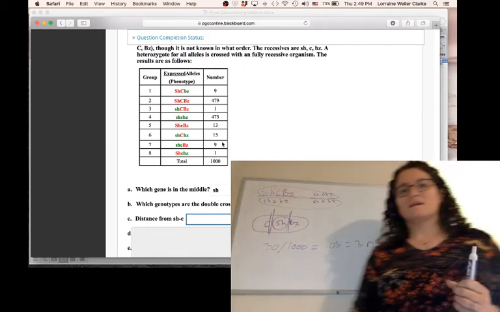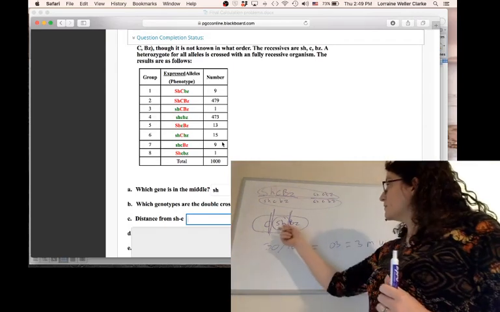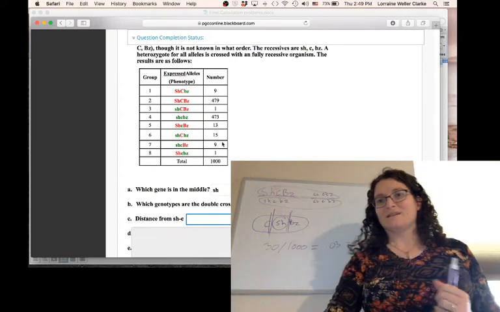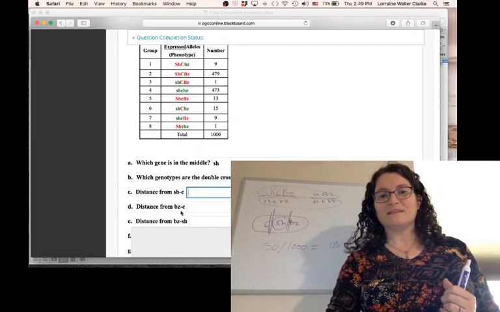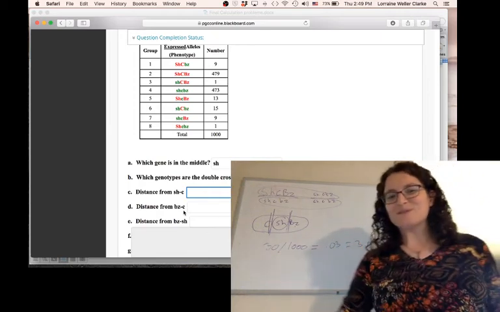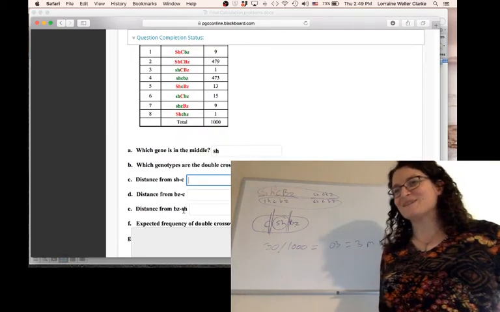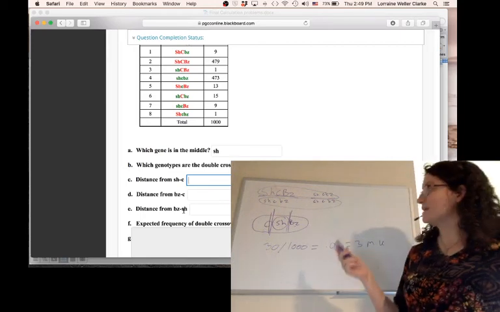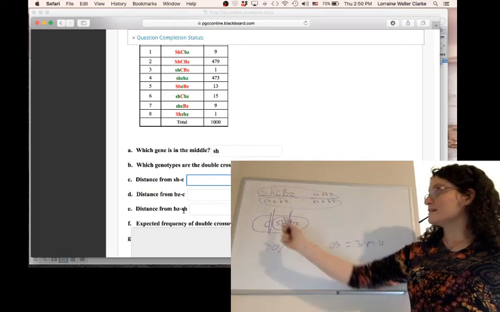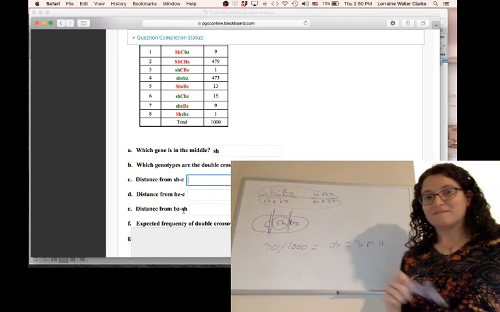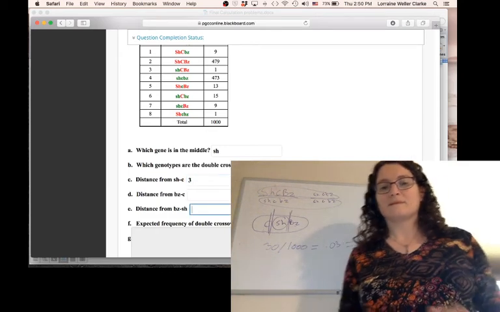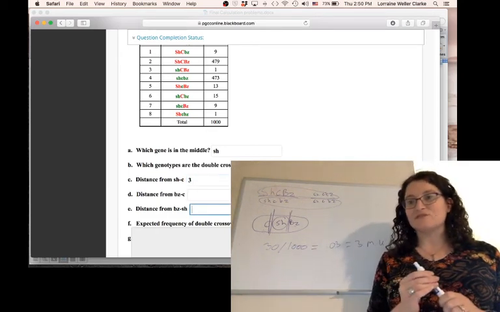Next. When BZ has moved, now we are looking at the distance from BZ to C. We'll get there. Let's move to BZ to SH instead, because that's going to be easier to do. To get the full distance, add these two numbers I'm going to create up here. Let's start with this one. BZ to SH.